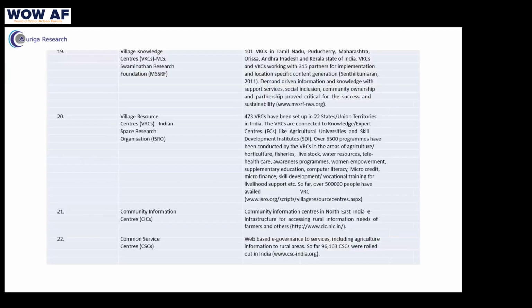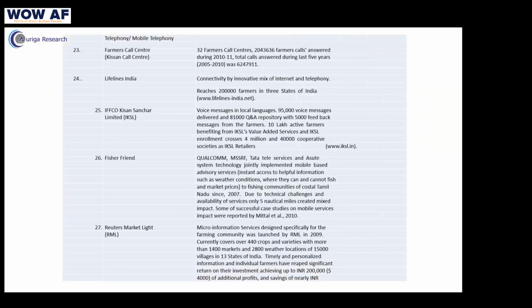Then we have the village resource centers, the village knowledge centers of MSSRF, and then community information centers, CICs. There are more than 150,000 of them, including the common service centers. Then RML, a private company, Reuters Market Light, which again offers a lot of decision support for various crops in various markets.